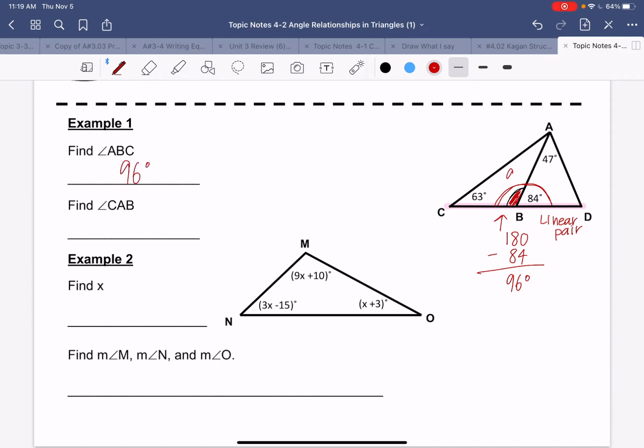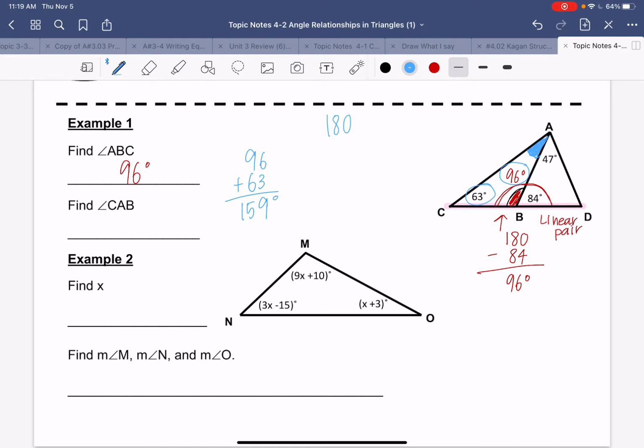Okay, since this one's 96 degrees, now I'm one step closer to finding that missing angle CAB. CAB is this little piece right here. If all the angles in a triangle add up to 180, and now I know 96 and 63, I'm going to add 96 plus 63, which gets me 159 degrees.